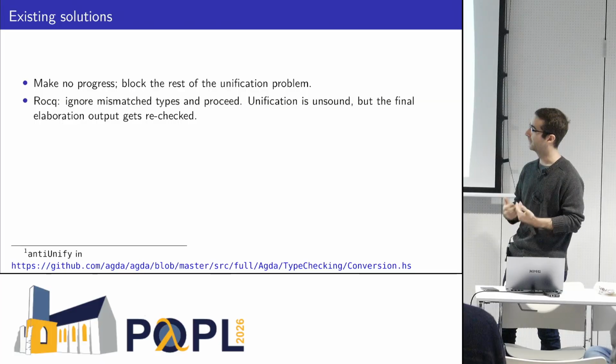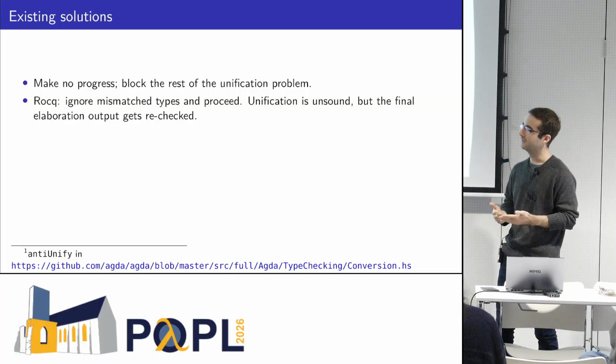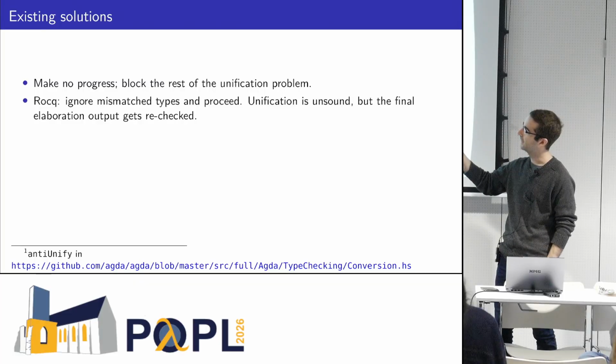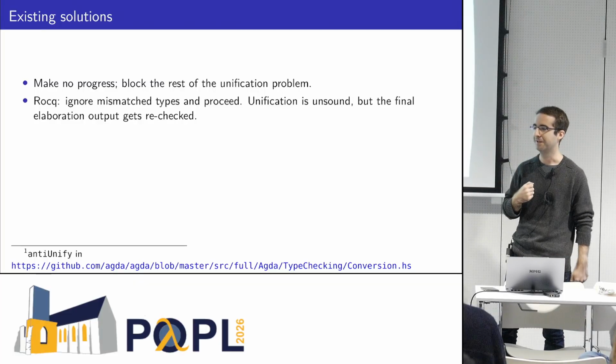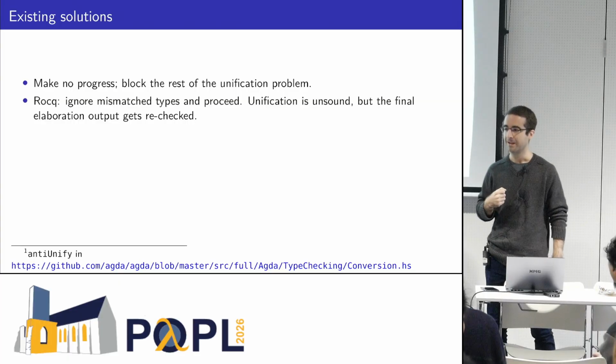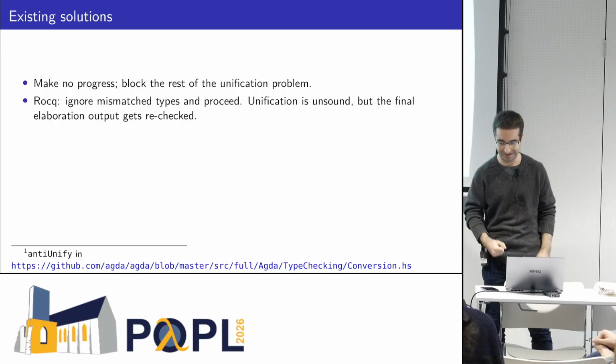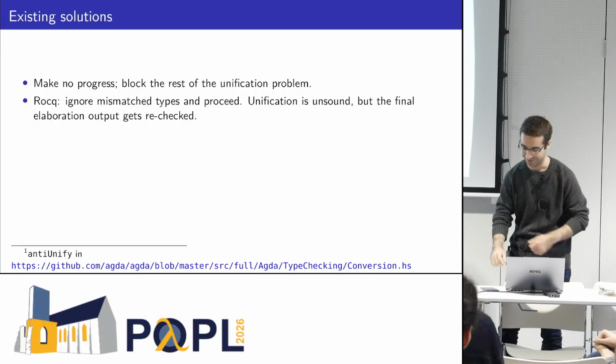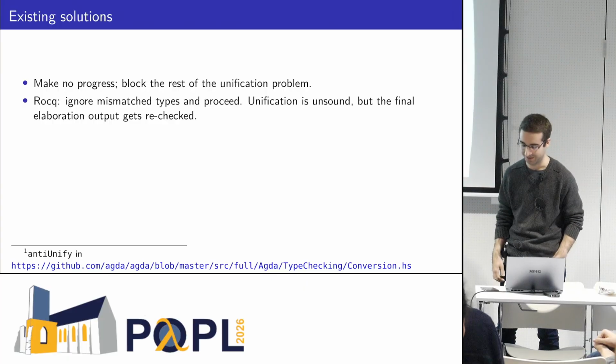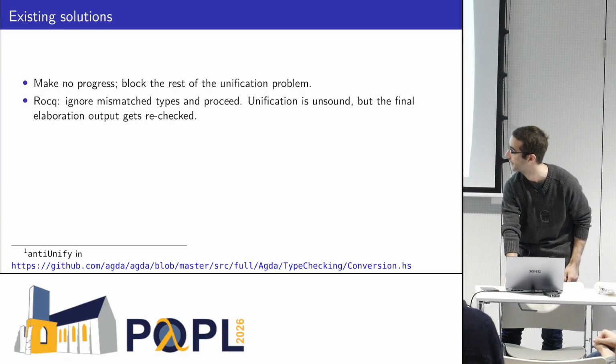One clear drawback is that if you do not have anything to recheck your output with, like in Agda, where there is no kernel, you can only implement elaboration in a well-typed way from the get-go. And of course, there's a clear performance overhead to rechecking.